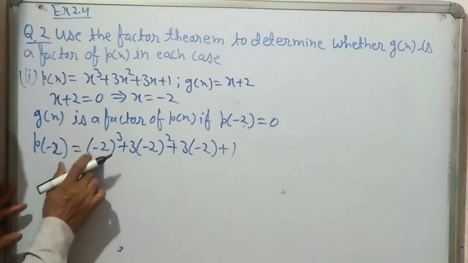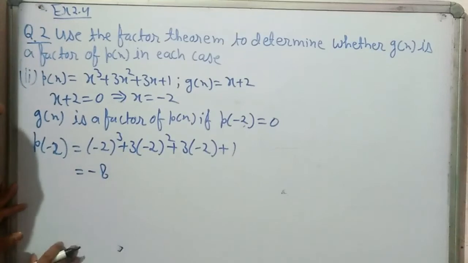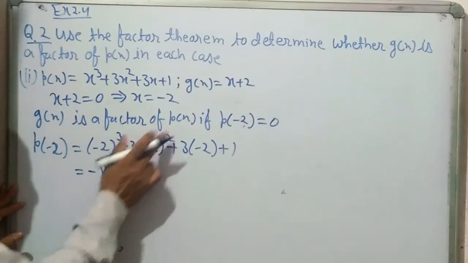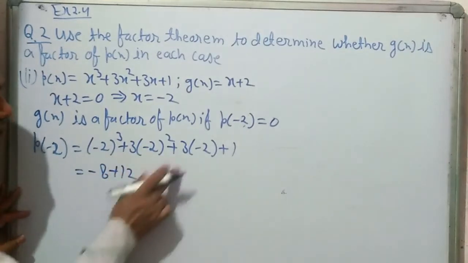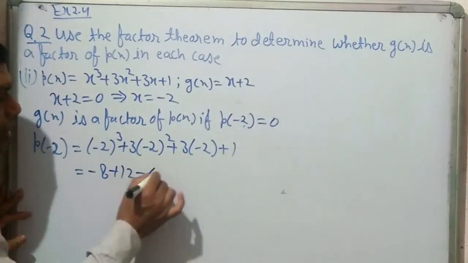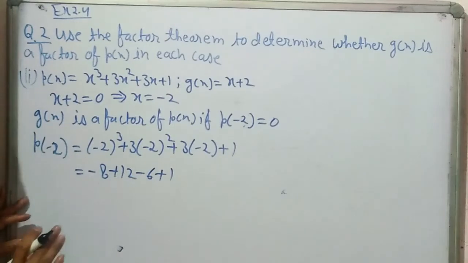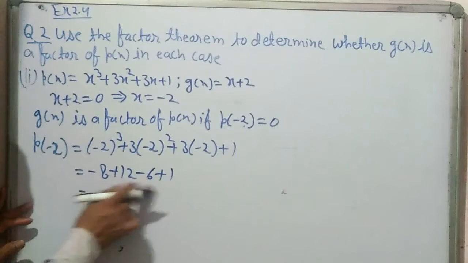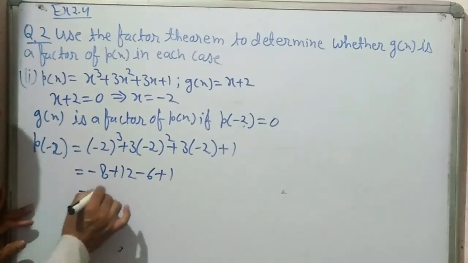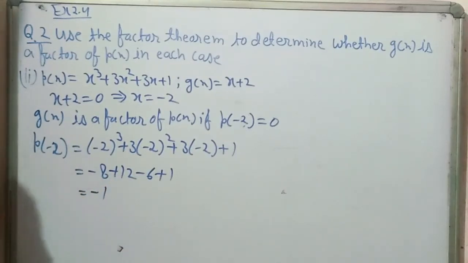Solve it out. We get this as negative 8. Negative 2 square, positive 4. Positive 4 into 3, 12. 3 into minus 2, minus 6, plus 1. Minus 6 minus 8, minus 14 and plus 13. So we are getting this as minus 1.